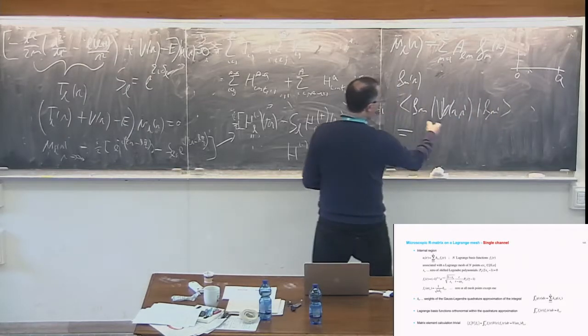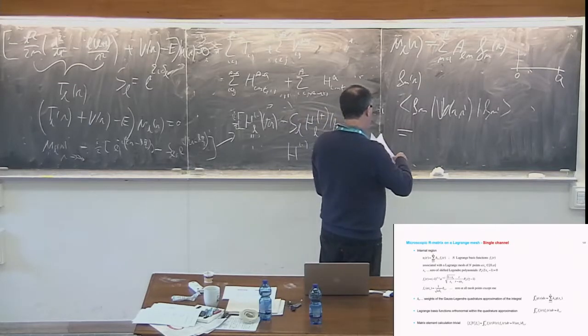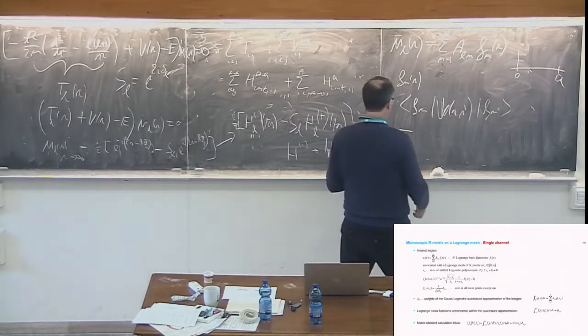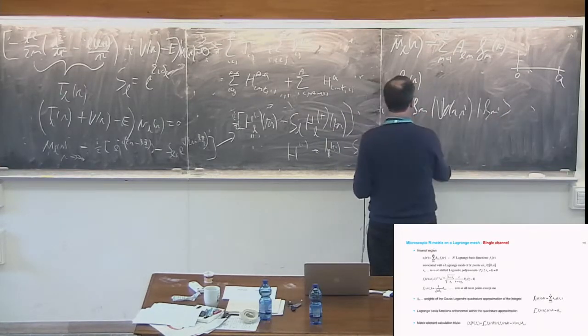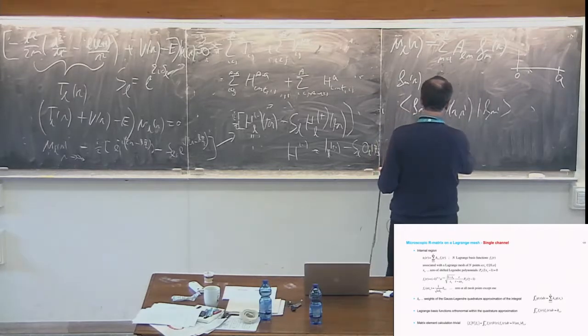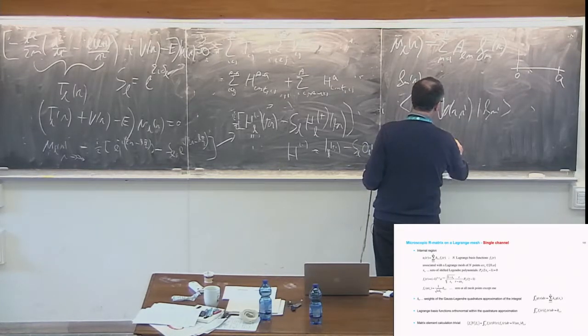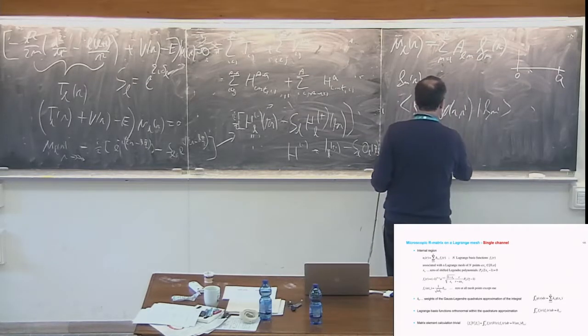So from that you have two integrals to calculate, right? And so what you get in the end is just again, like in the case of the local potential, the same kind of expression.